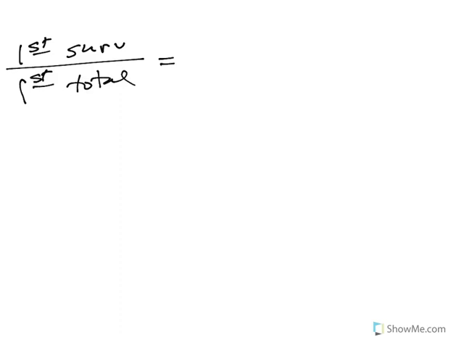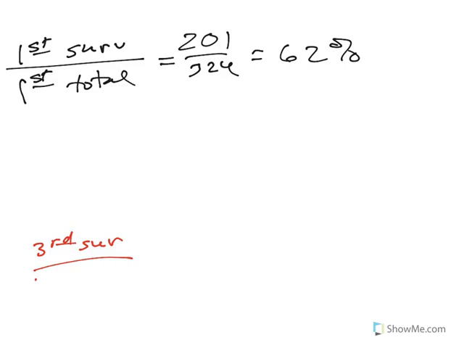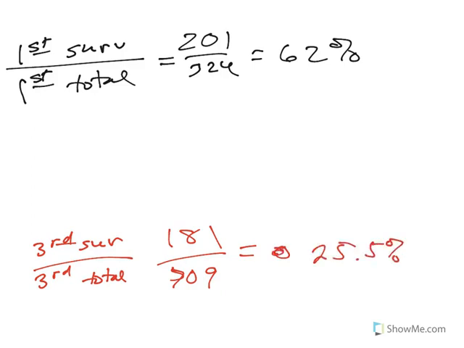So if we think about this, we did first survivors compared to first total. And when we did that, we saw, this was from before, 201 over 324, 62% of first class. Then we just figured third survived over third total, which gave us 181 over 709, which gave us roughly 25.5%.